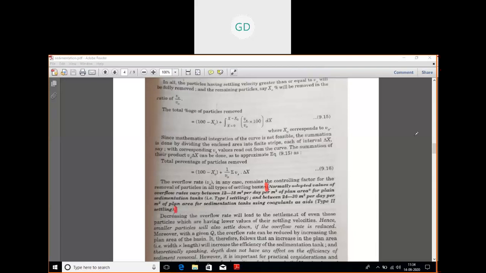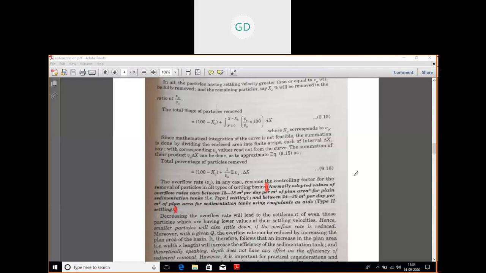Normally adopted values of overflow rates vary between. Suppose in your question the overflow rate is not mentioned, so you can assume some values.